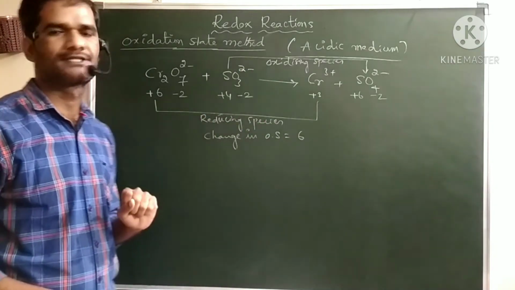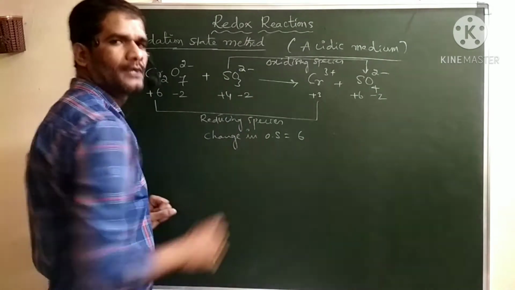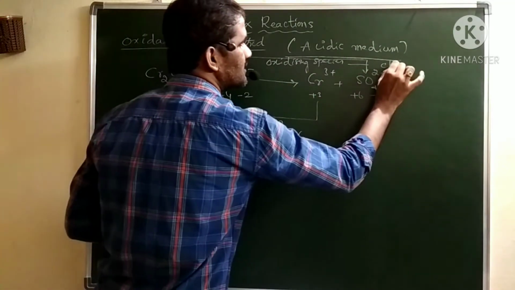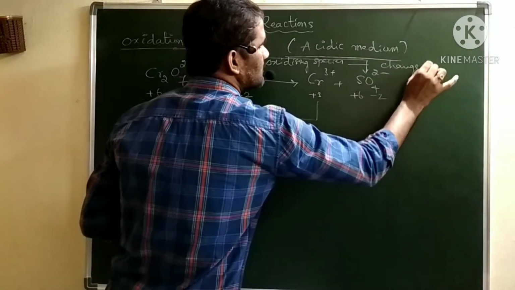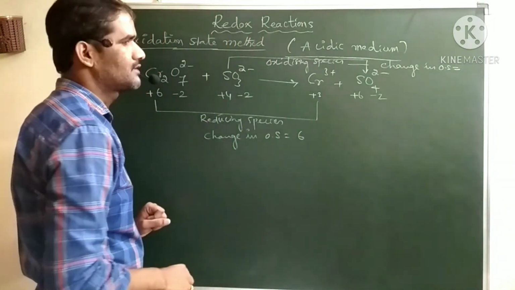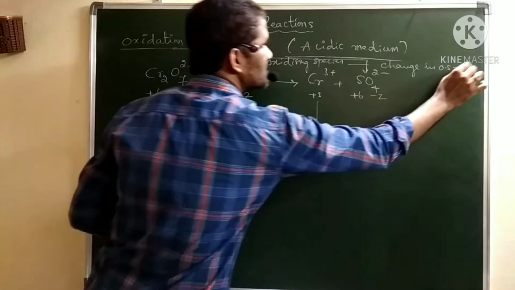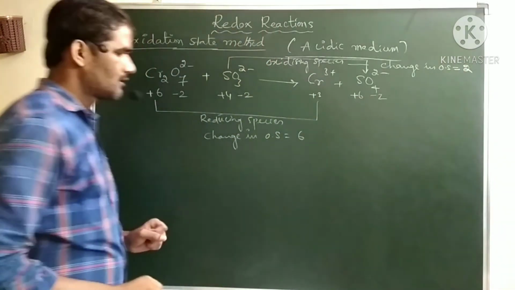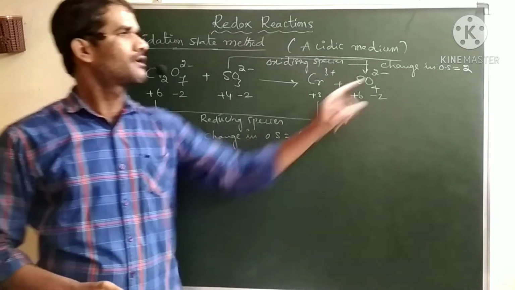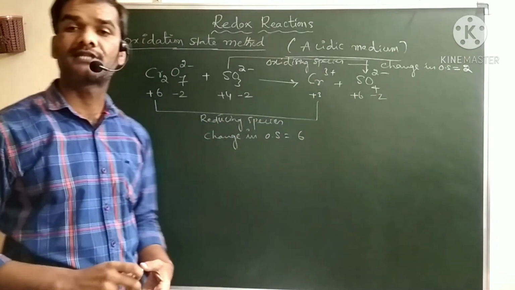Similarly for SO3 2 minus to SO4 2 minus, how much change in oxidation state? Plus 4 to plus 6 means 2. So for one species the change in oxidation state is 6, for the other species the change in oxidation state is 2.